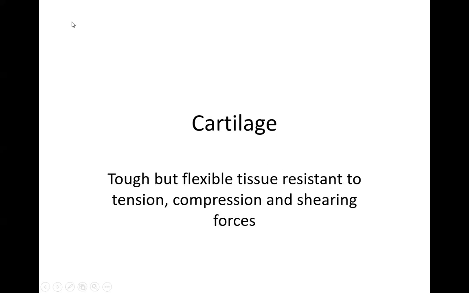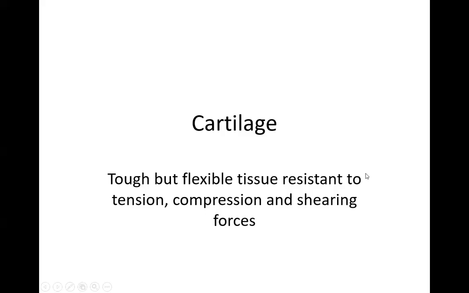Let's begin with cartilage. Cartilage is tough, but it is not as tough as bone. Cartilage is tough but flexible tissue and is resistant to tension, compression, and shearing forces. You just have to remember that cartilage is very strong and tough, but it is not as tough as bone, because it is rich in what kind of proteins?